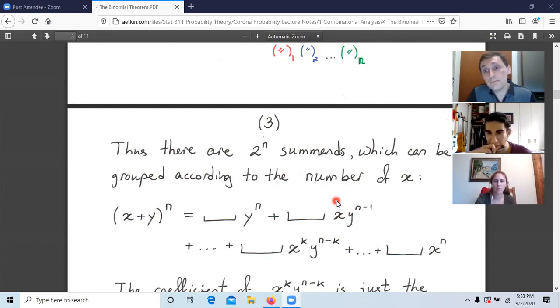You can type in the comments. So one person says 2. Do you agree, guys? There are only 2 ways to get x times y to the n minus 1.